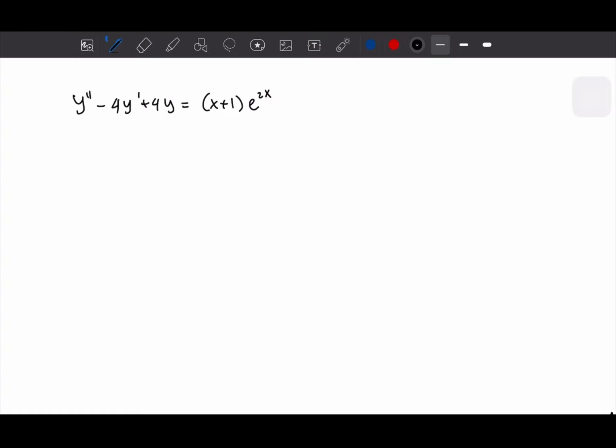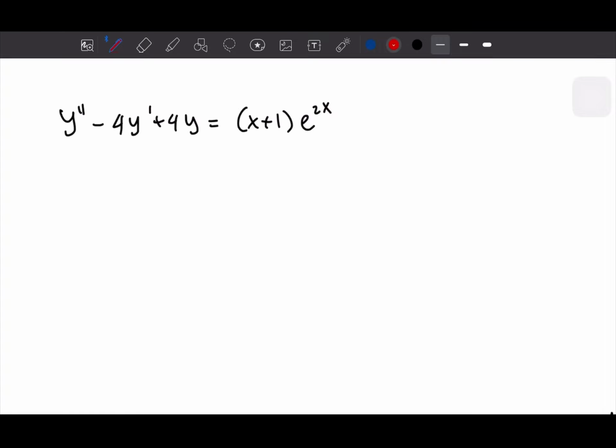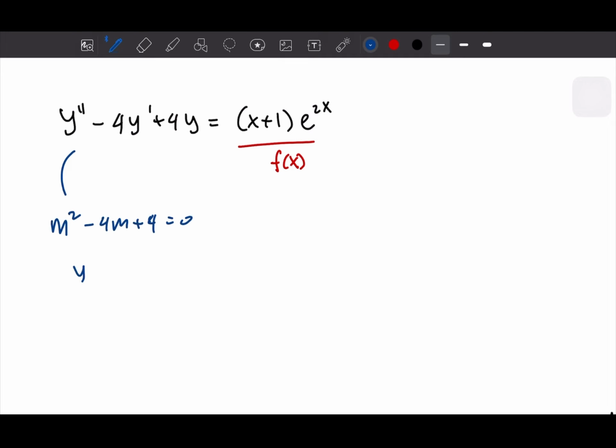So first, this is f of x, okay? And first, take the auxiliary equation. You will get your y1 and y2.